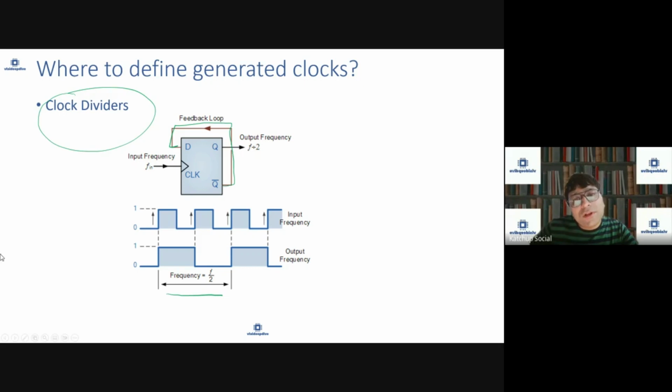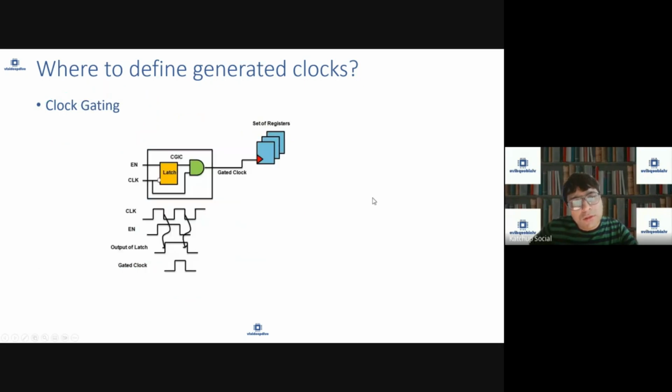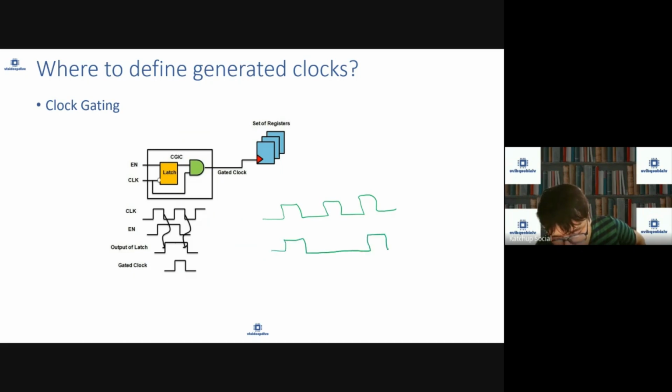The other place you will define a generated clock is clock gating. Typically, clock gating will modify, for example, let's say you have this clock and clock gating depending upon enable will modify the clock to this. So it's modifying the original clock waveform, and clock gating is another place you will define the clock.